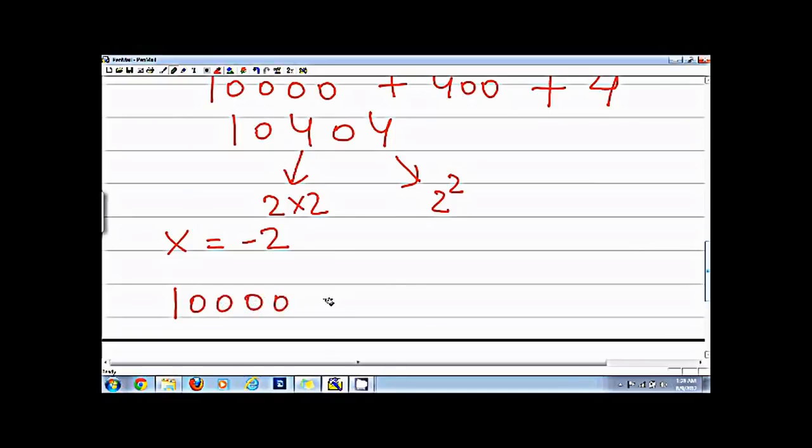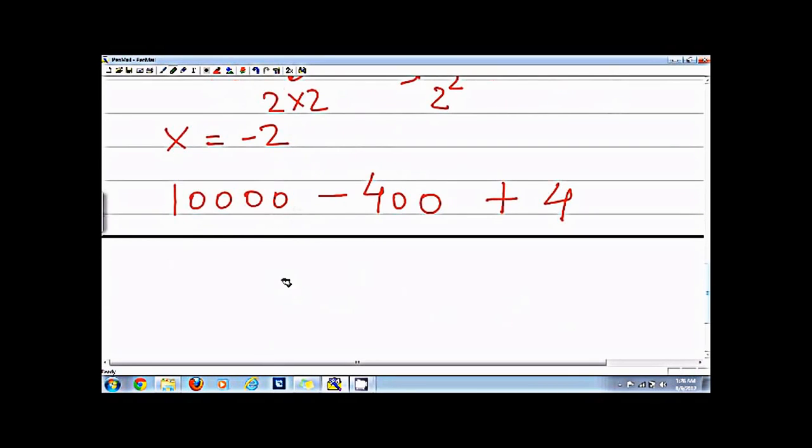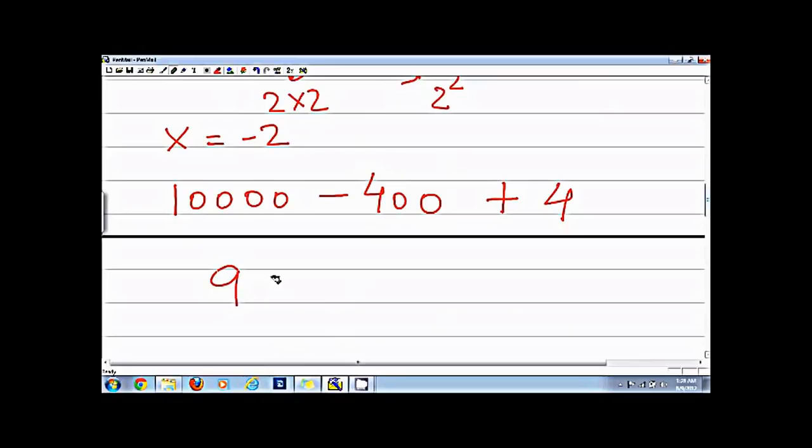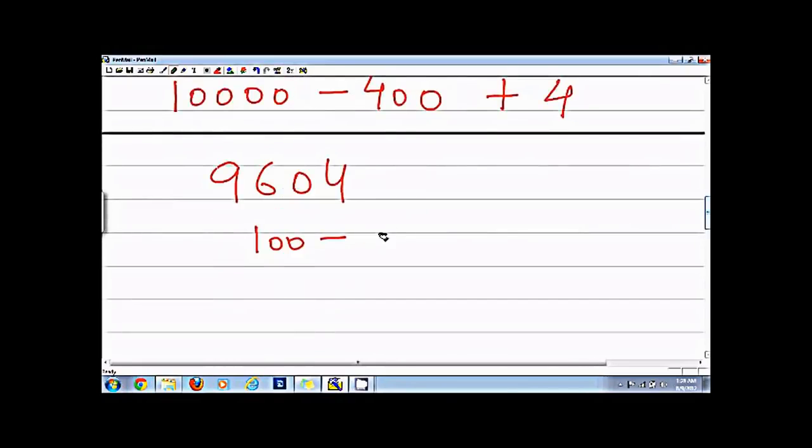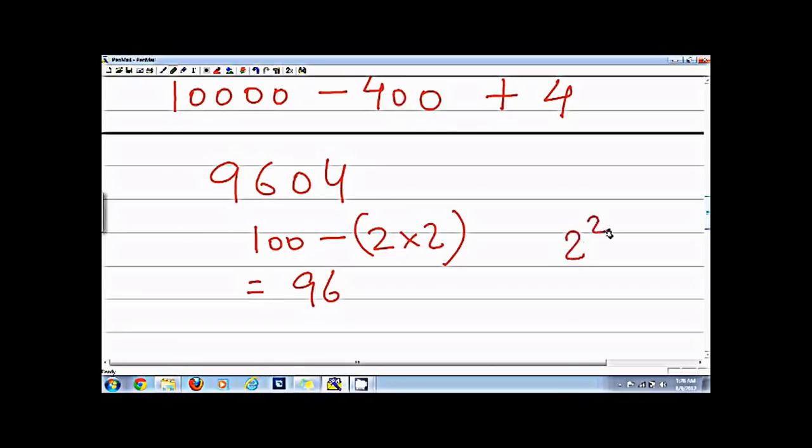So that will be equal to 9604. Again, here I have subtracted 2 into 2 from 100, so that will be equal to 96, and then 2 square is equal to 4, so that will be 9604.